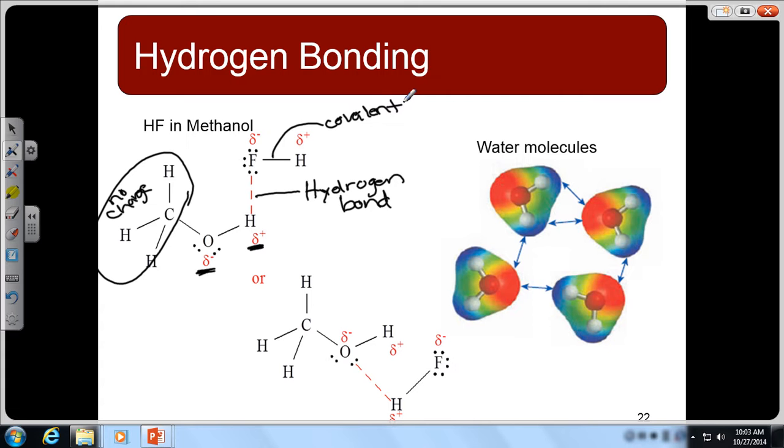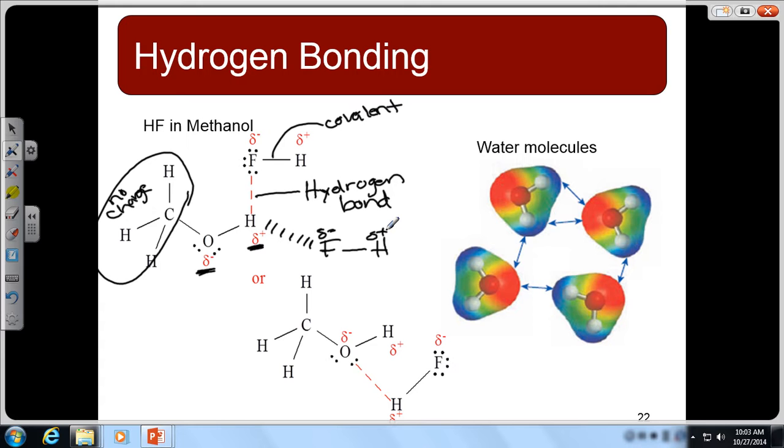If we have a partial positive charge here, and we had another HF molecule, if I had room, we could keep extending and extending as big as this board would allow us to, because that's what would be happening with all the hundreds and thousands of molecules that we would have.